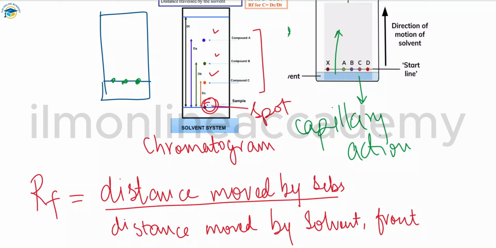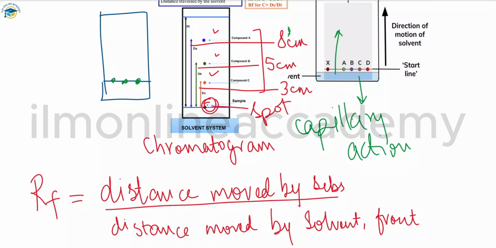For example, for the spot C, you can measure the distance by using a scale. Suppose the spot C has covered a distance of 3 centimeter, the spot B covered a distance of 5 centimeter, and the spot A covered a distance of 8 centimeter.